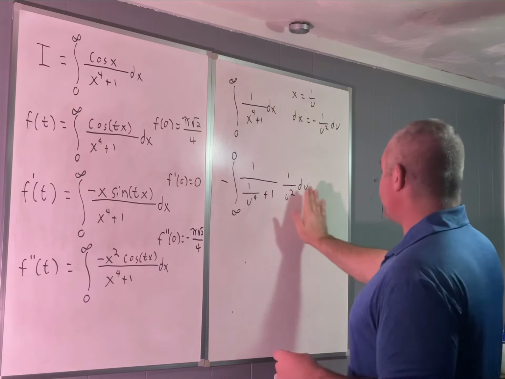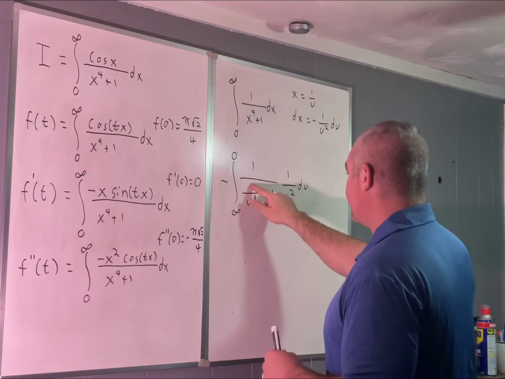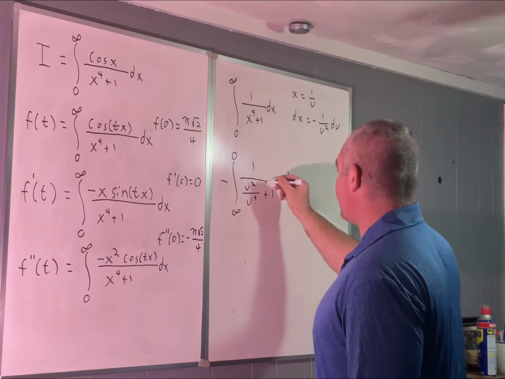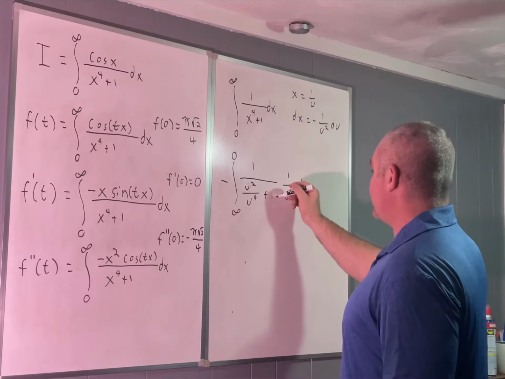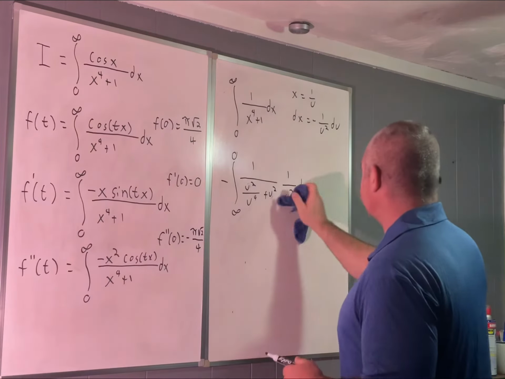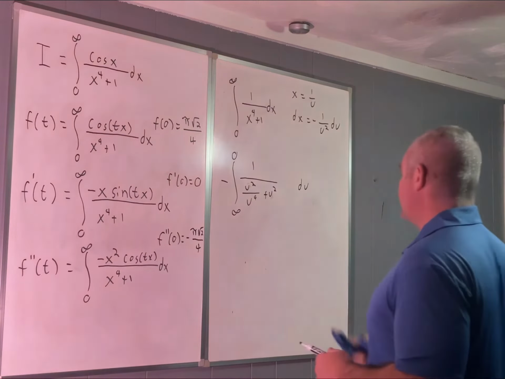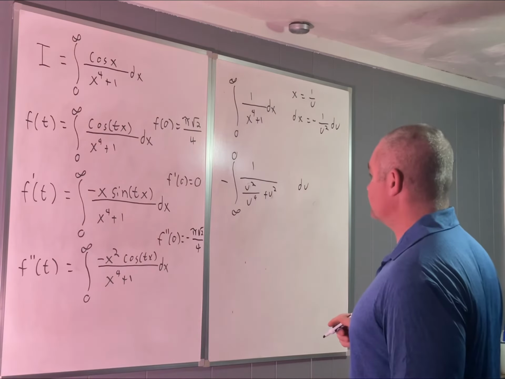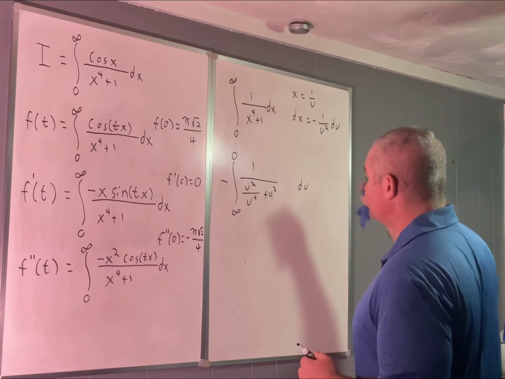Let's distribute this u squared here in the denominator, so we'd get a u squared here and a u squared here. Now we multiply the top and the bottom by u squared.